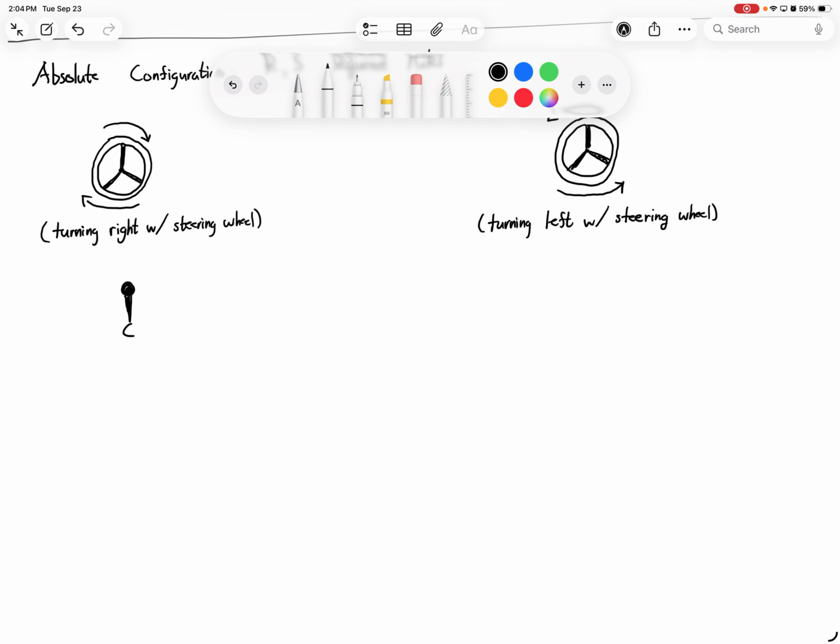All right, so we assign priorities to the substituents, okay? So in this case, either 1 to 4, where 1 is the highest and 4 is the lowest priority, or A, B, C, and D, where A is the highest priority and D is the lowest priority, okay? Well, for now, I'll show it in letters.